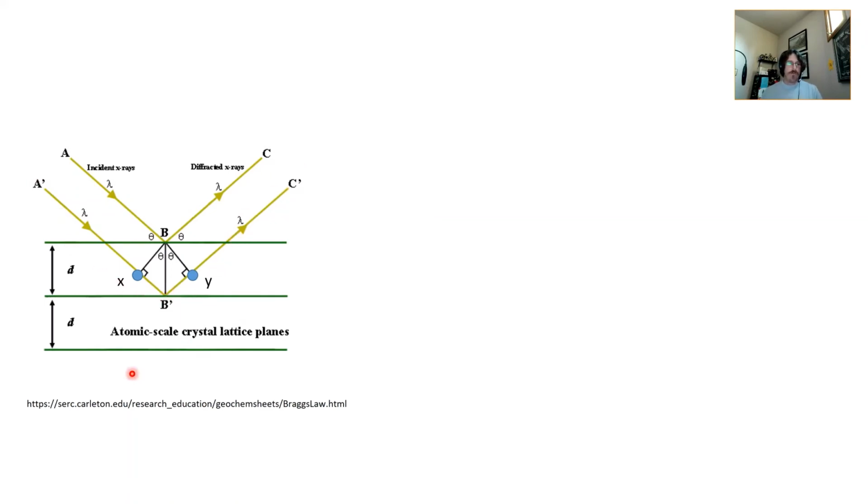And you have a path difference now, and the key to Bragg's law, which was also the key to the Laue equations, is some sort of path difference. That's kind of the principle of diffraction, if you want to think of it that way. And that path difference is given by the summation of line XB prime and line B prime Y.